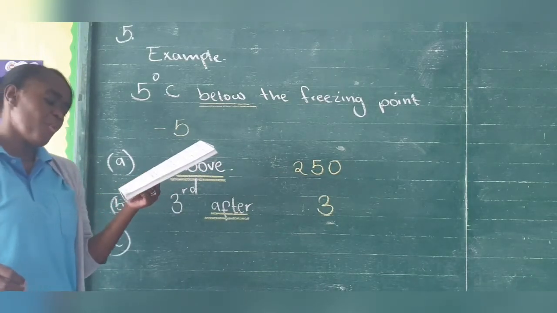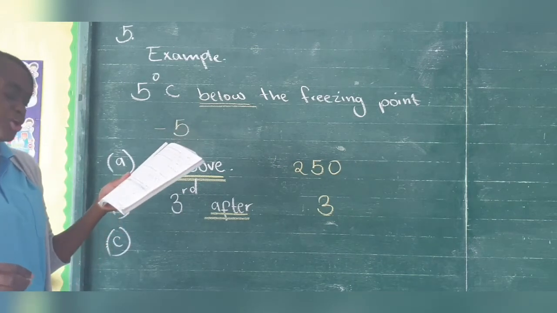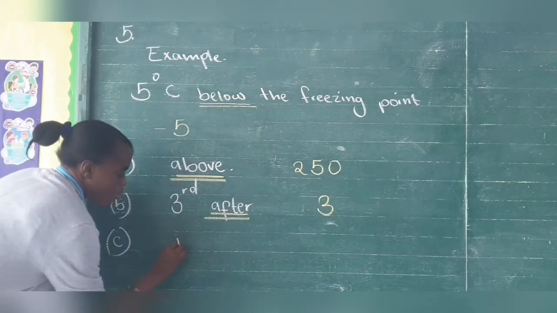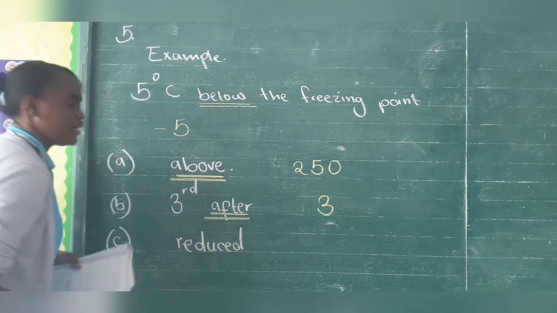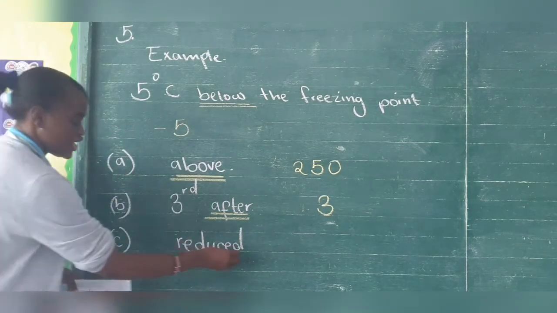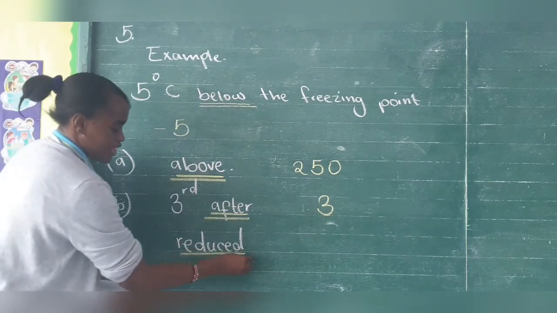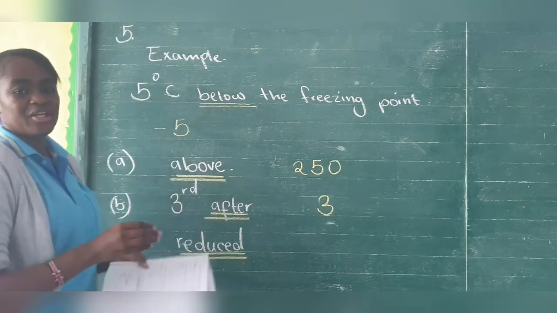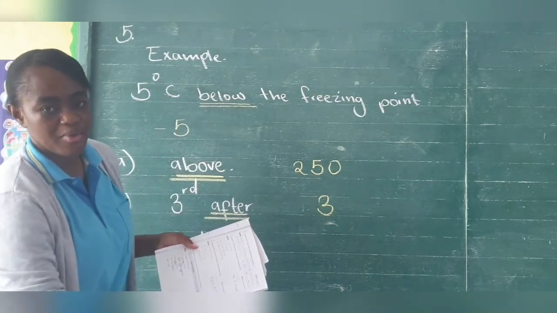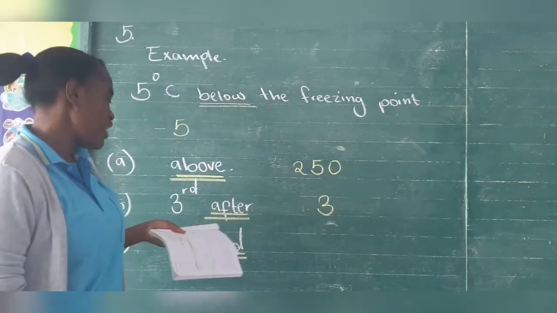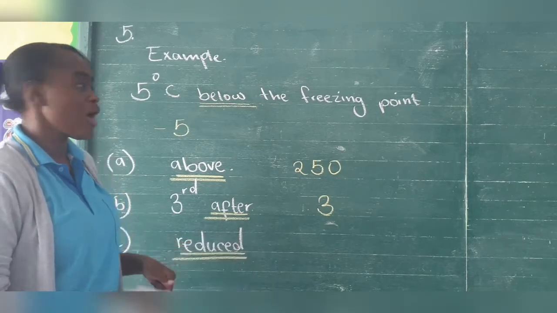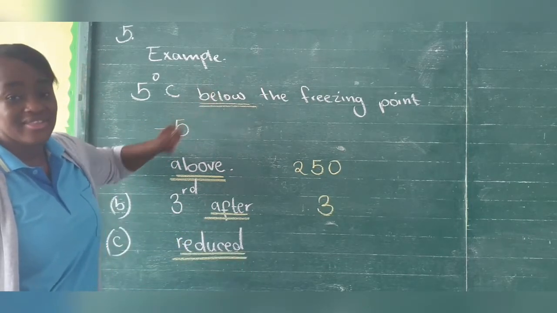Part C. We have weight reduced by 4 kilograms. The key word is reduce. Reduce means cut, go down. So you have to find the meaning of these words in part, okay?